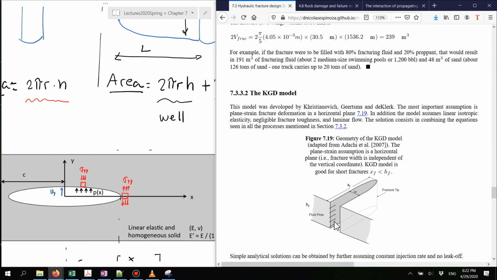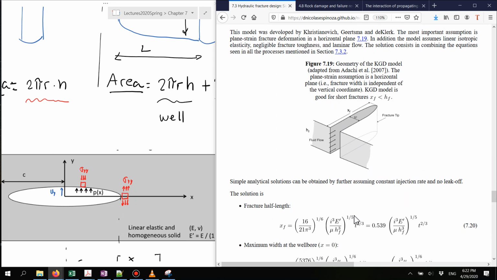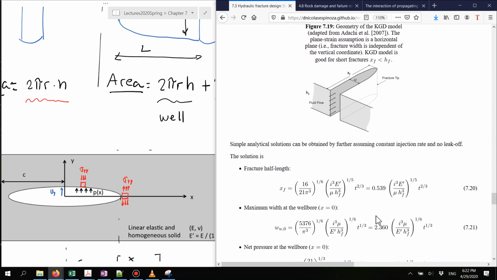Here we assume that the width is constant along the entire fracture height, and we solve for stresses and width of the fracture, assuming a cross section which is in a horizontal plane if we had a vertical fracture. We can do something very similar to what we do for the PKN solution, and we can arrive at similar equations to the ones that we arrived at before.